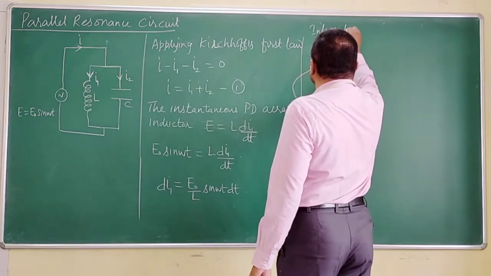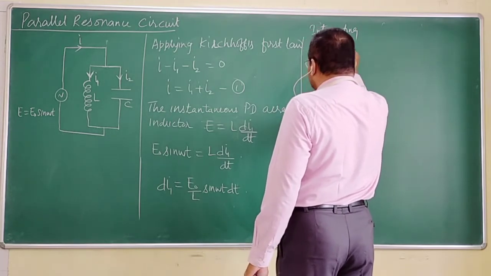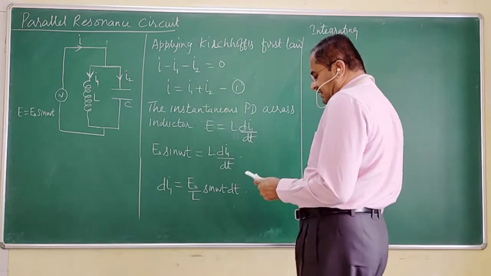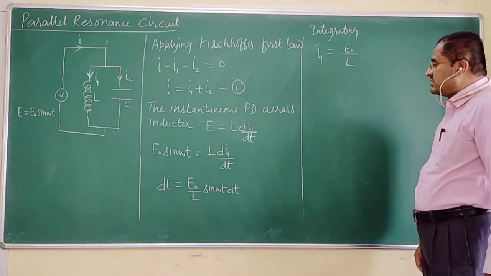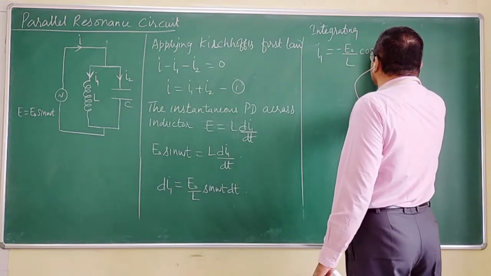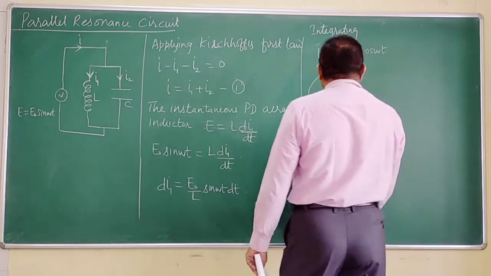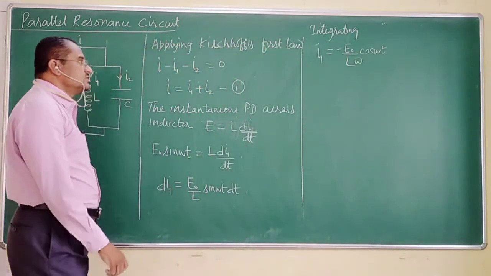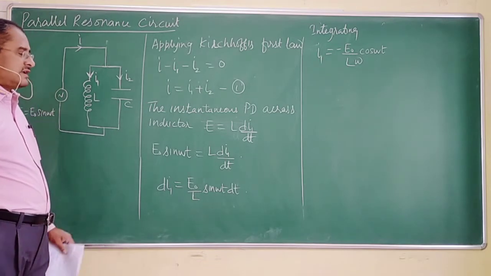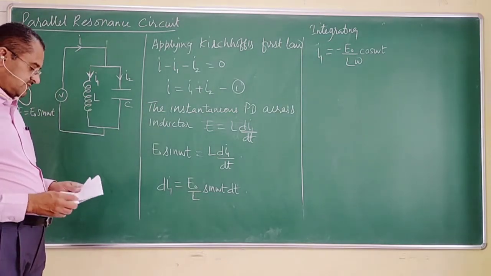Integrating, I get I1 is equal to E naught by L times the integral of sin omega t, which is minus cos omega t, with a factor of 1 by omega. So you get the value of I1 as minus E naught upon L omega cos omega t.